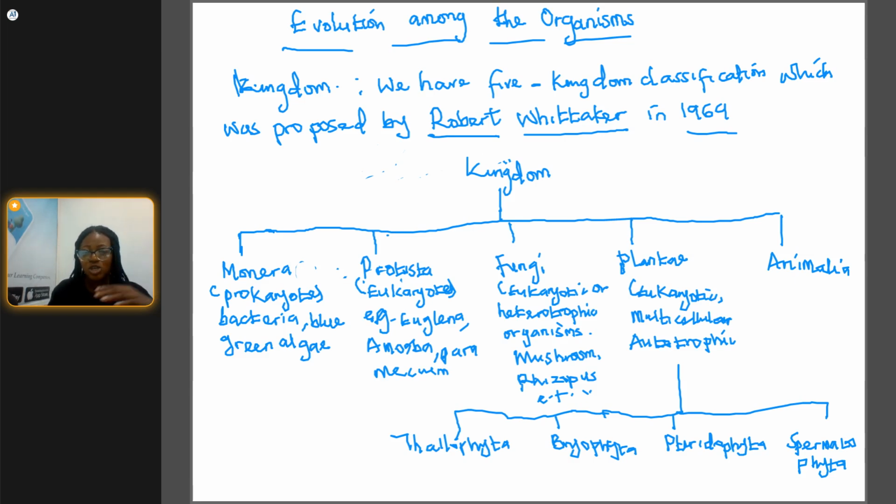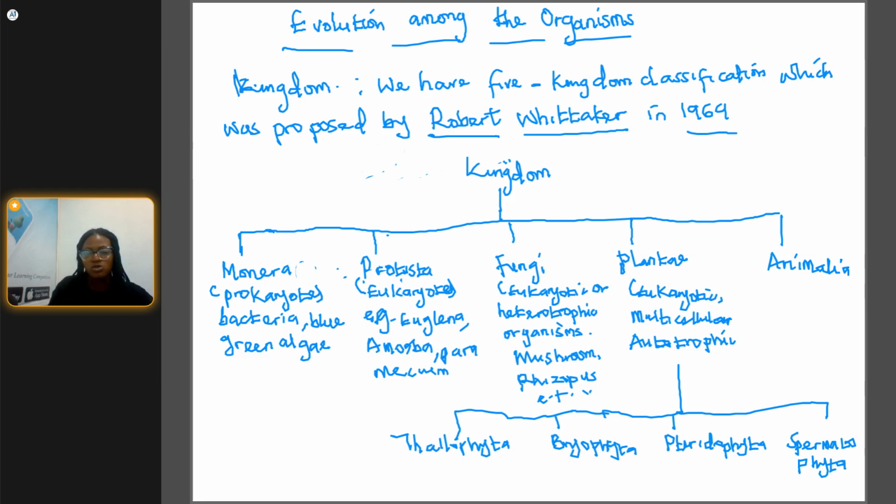We have five major kingdom classification, which was proposed by Robert Whittaker in 1969. So we have the kingdom Monera, Protista, Fungi, Plantae, and Animalia. And under kingdom Plantae, we have four major classes, which are the Thallophyta, Bryophyta, Pteridophyta, and Spermatophyta.